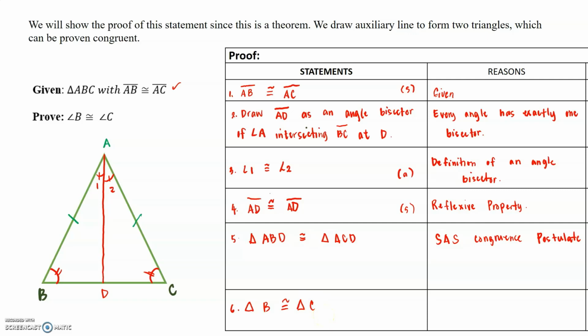And our reason for that will be CPCTC: the corresponding parts of congruent triangles are congruent. So by CPCTC, we have already established that angle B and angle C are congruent.